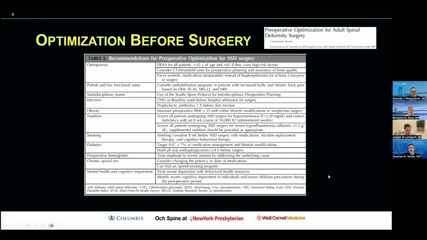And so, this is kind of our summary of this. We published this as well, recommendations for basically practical steps to optimize all the different aspects of these patients prior to them having surgery.